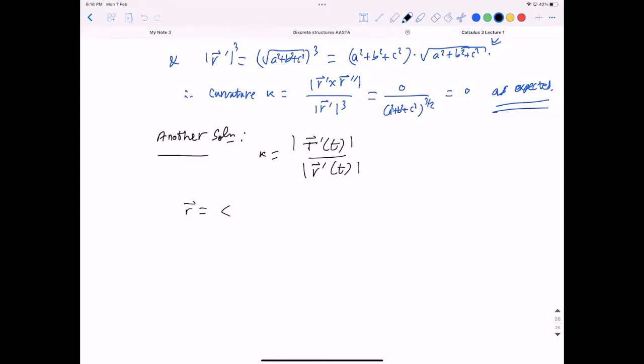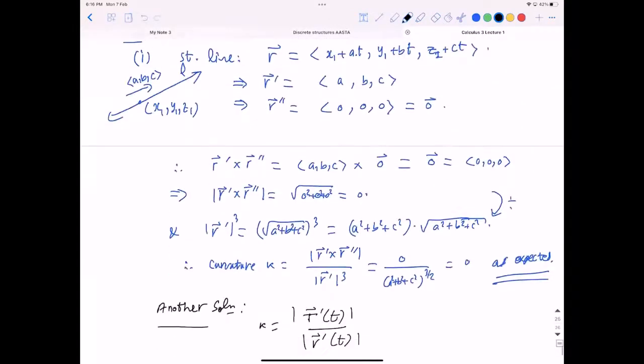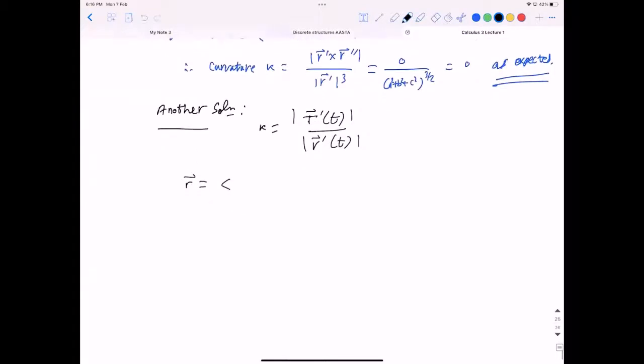R is x1 plus at, y1 plus bt, z1 plus ct.